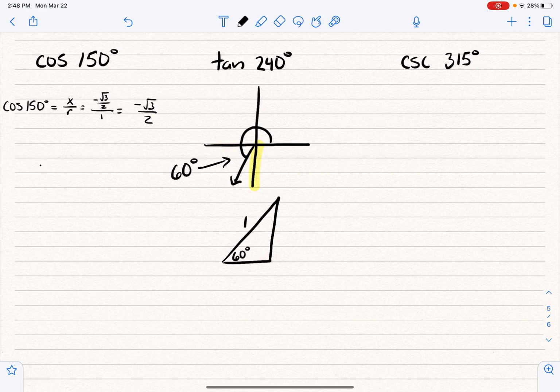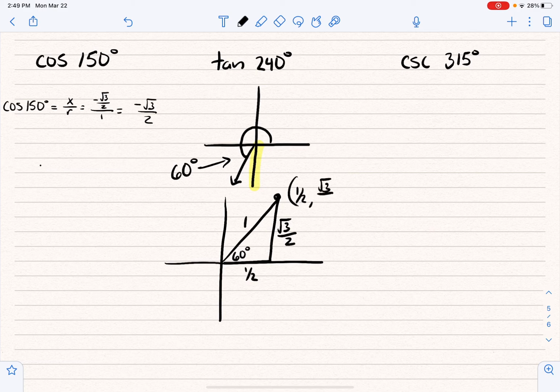So you think about things in terms of a 60-degree angle, or 30, 60, 90. If this is 1, this part is 1/2, this part is square root of 3 over 2. Think about that in terms of the x and y axis, and this point right here would be 1/2, square root of 3 over 2. But in quadrant 3, both x and y would be negative.